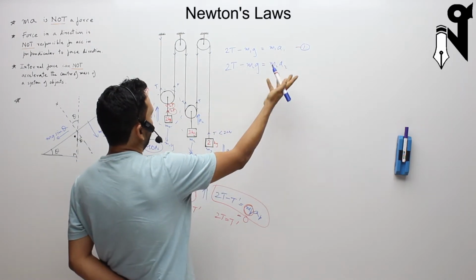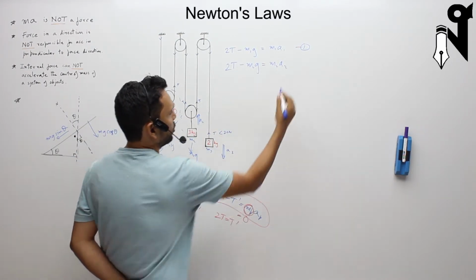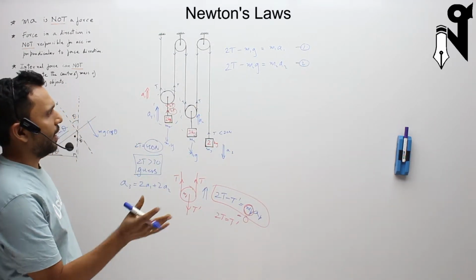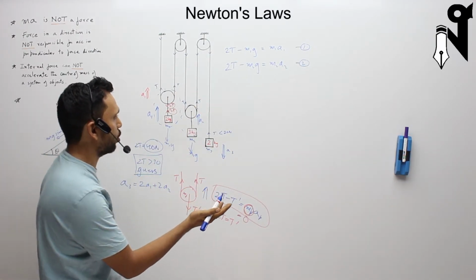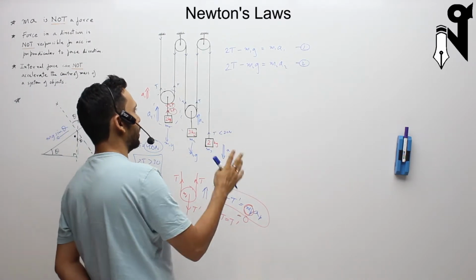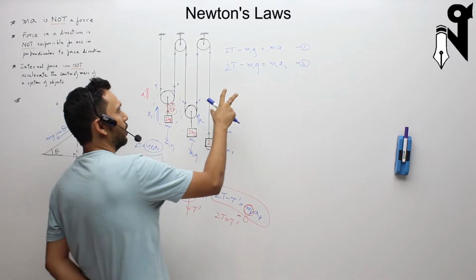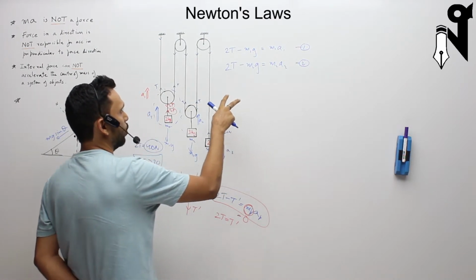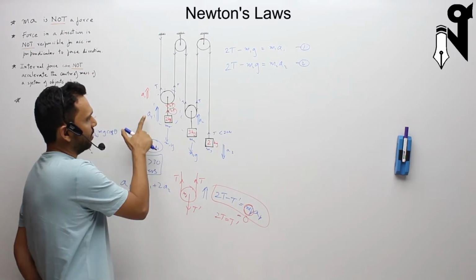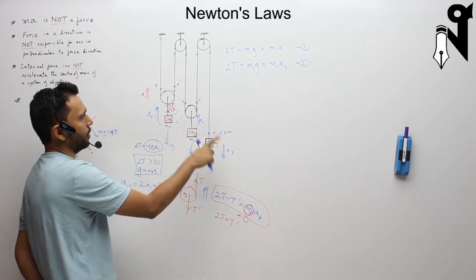The only thing will be a2 will be negative, which, as a physics student, you should hate, getting answers opposite to what you thought is happening. You try to nail the direction, if possible, in which it is going to happen, if it is evident. Like here and here I'm pretty sure this is going up and this is going down.